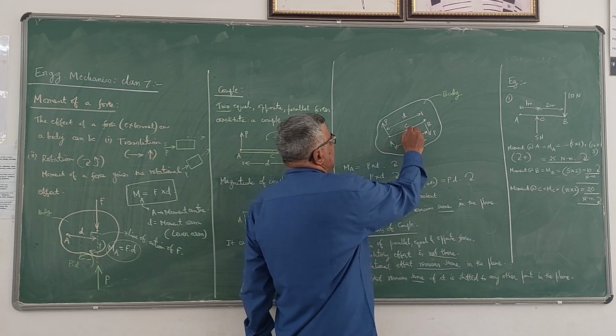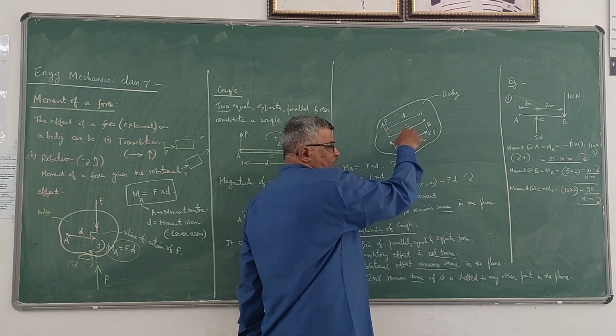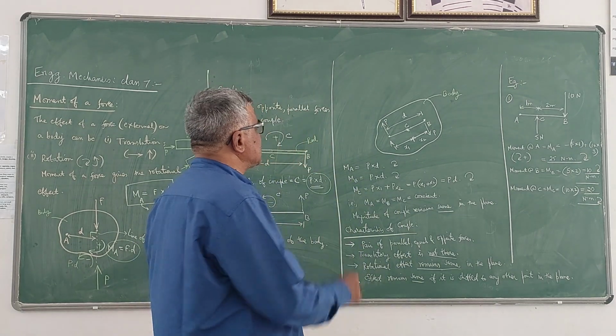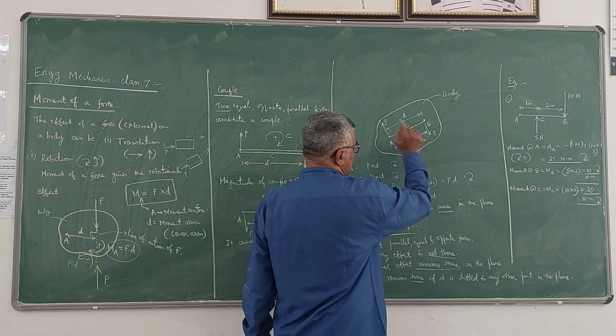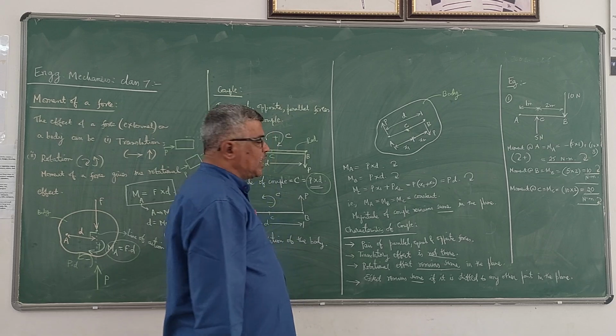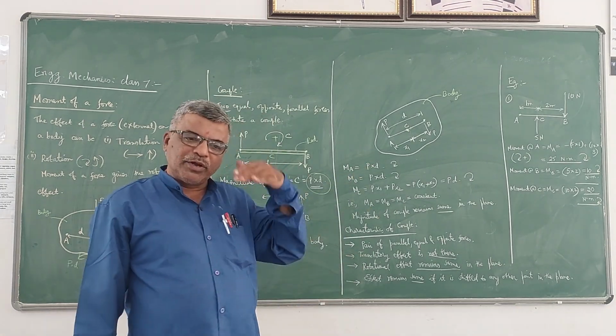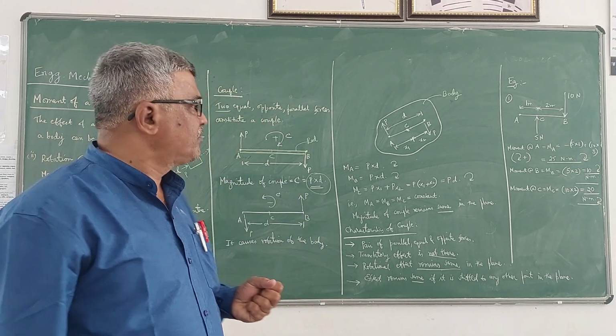Then I will take a point C somewhere on the line AB at a distance x1 from A and x2 from B. Now I will write the expression for the moments at the three points A, B and C.